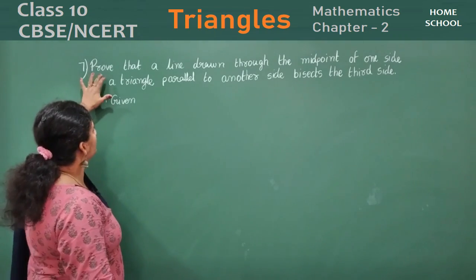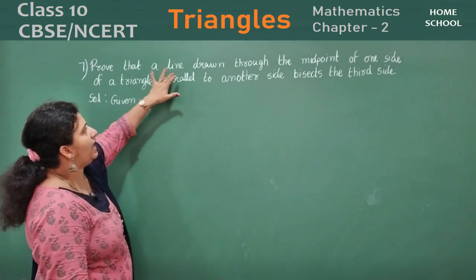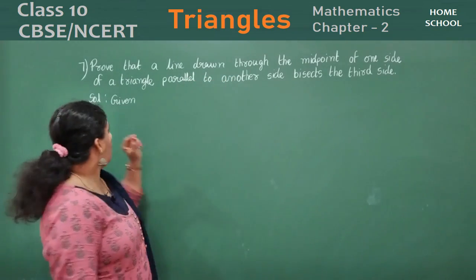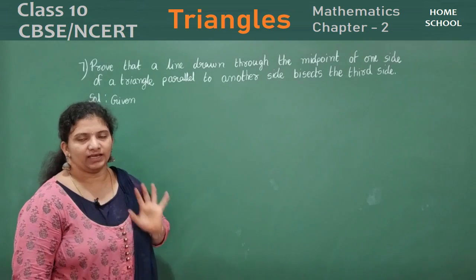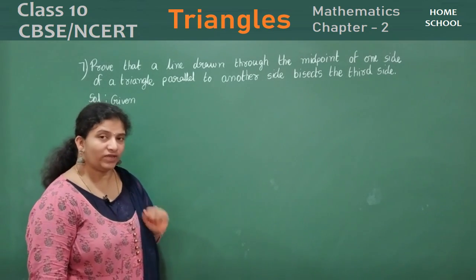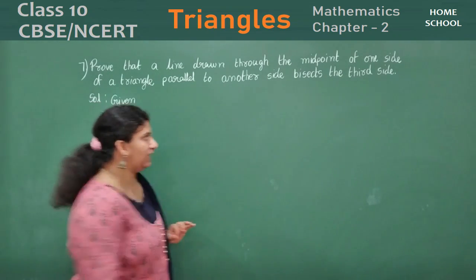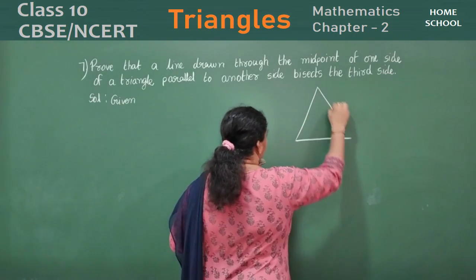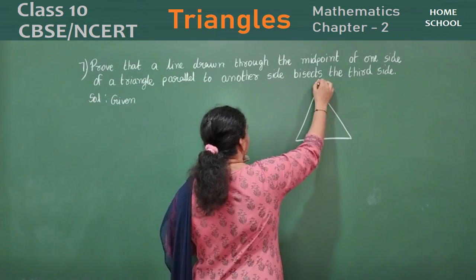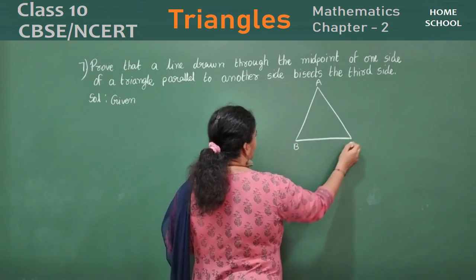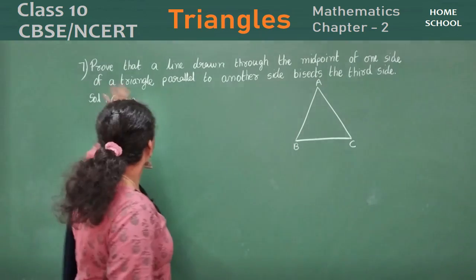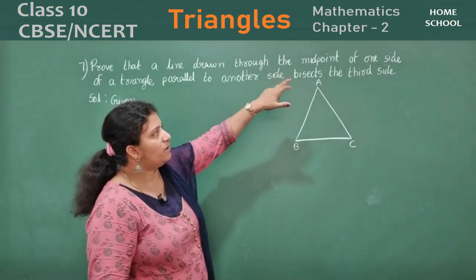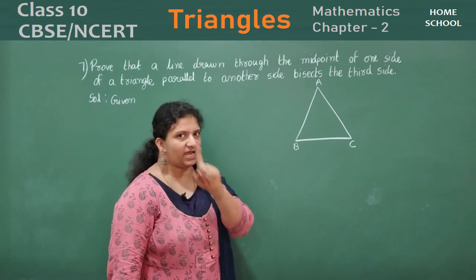See the question here. Prove that a line drawn through the midpoint of one side of a triangle. Stop. So what do we need now? We need a triangle. So what do I do here? Let me do a triangle. Observe carefully, children. A, B, C. Again, prove that a line drawn through the midpoint of one side.